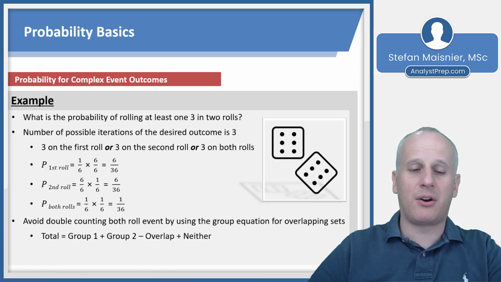So our total is going to be equal to group 1 plus group 2 minus the overlap, plus neither, which basically incorporates all of the aspects of a Venn diagram. In this case, we know that the total of all probabilities is 1.